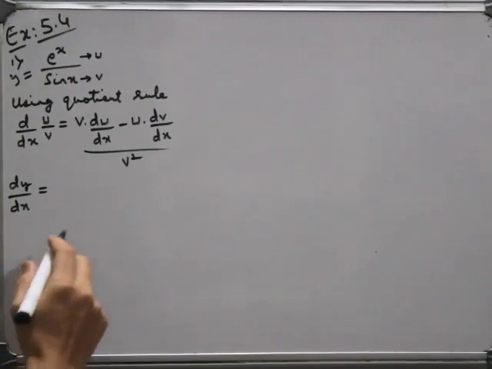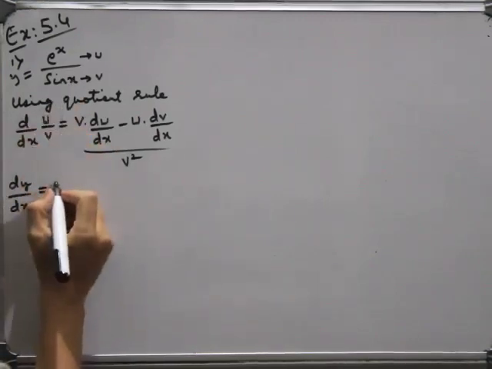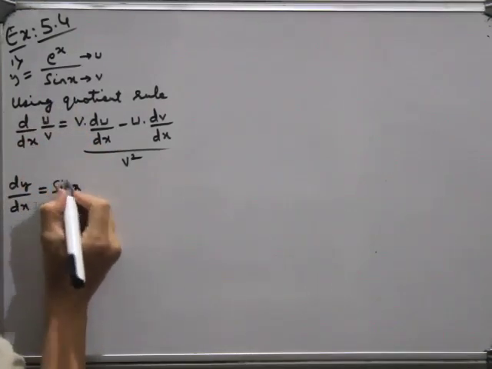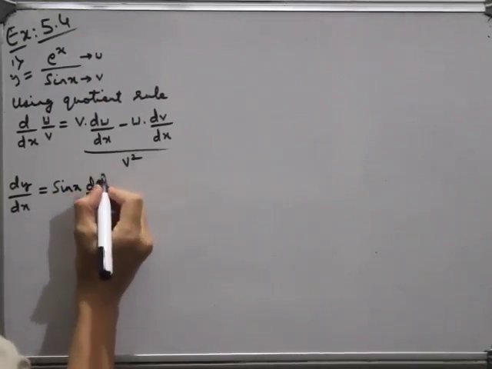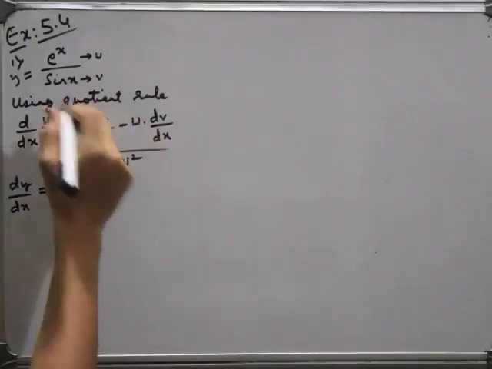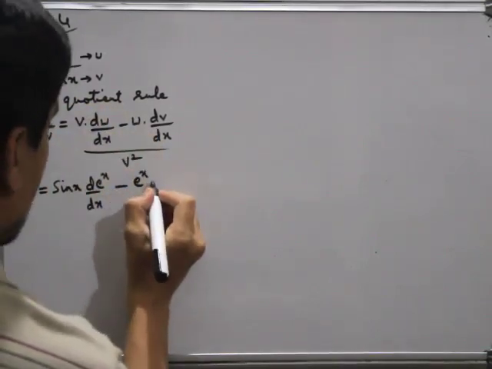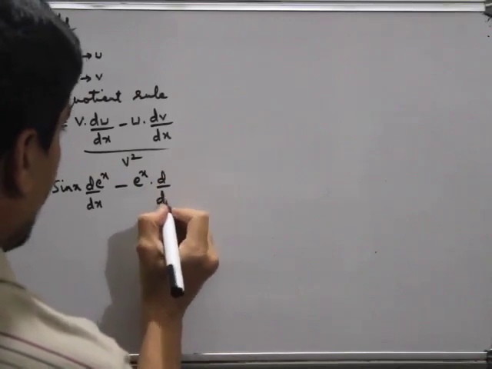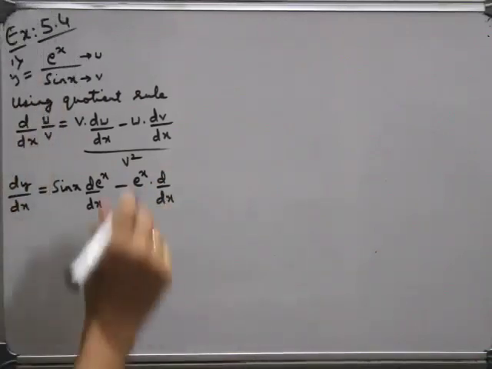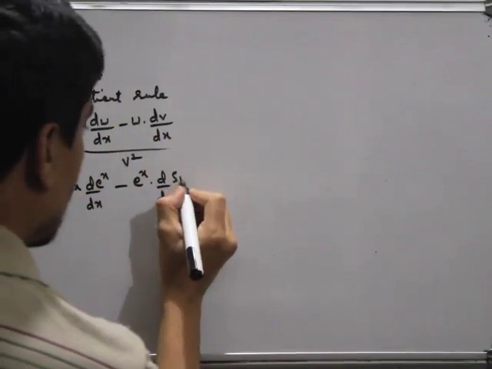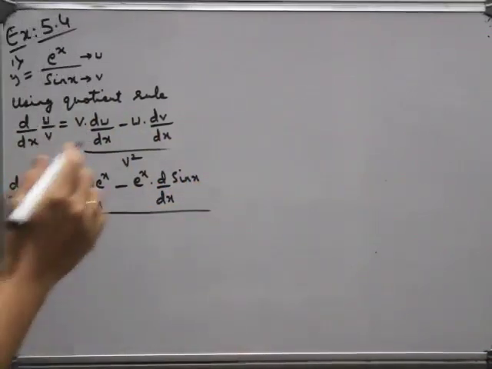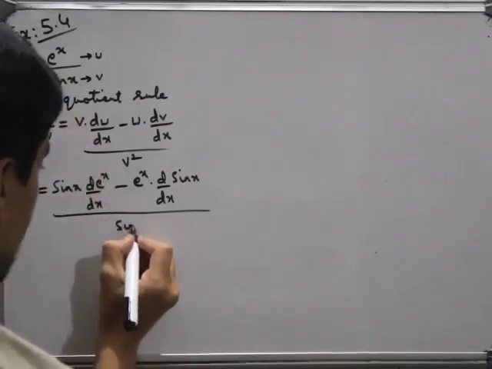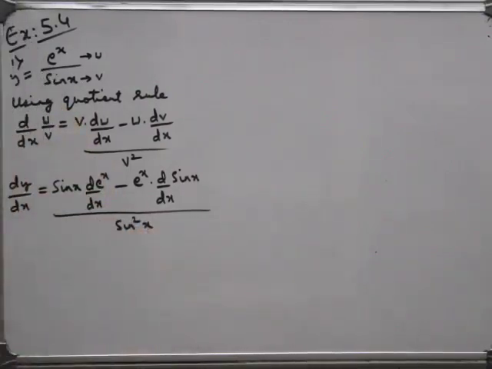So dy by dx is equal to v into du by dx. V is sin x into differentiation of e power x minus u. U is e power x into differentiation of v, that is sin x, whole term divided by v square, that is sin square x. V square is nothing but sin square x.